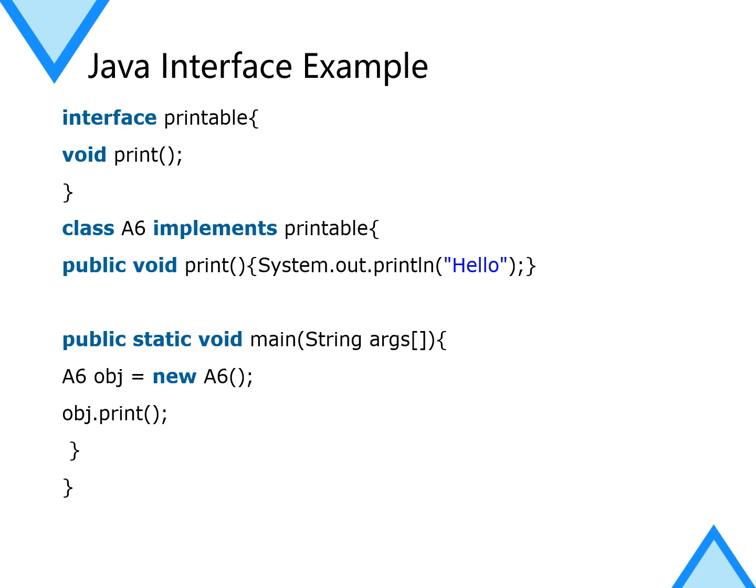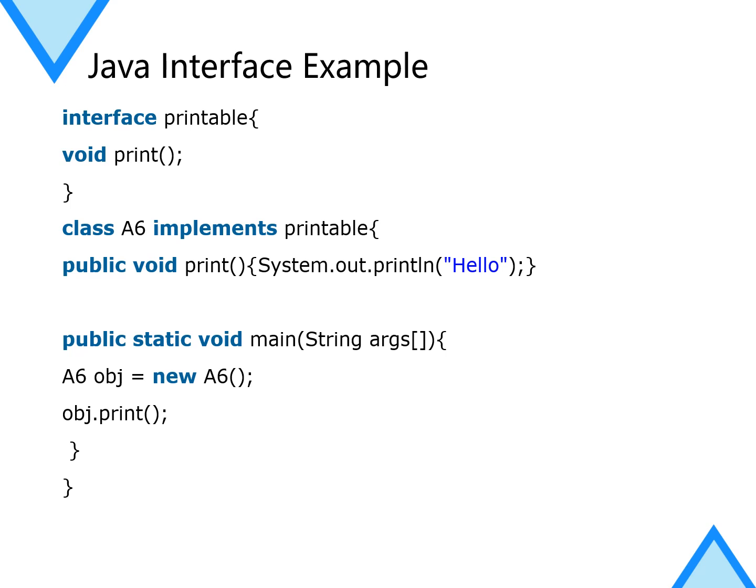Now we have class A6 which implements the interface Printable, and here we use the implements keyword instead of the extends keyword as we use in classes. We have the method print with its implementation, which shows the message hello.